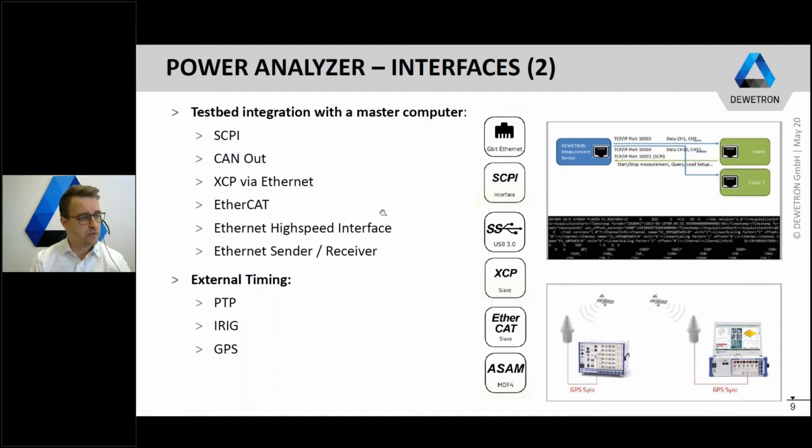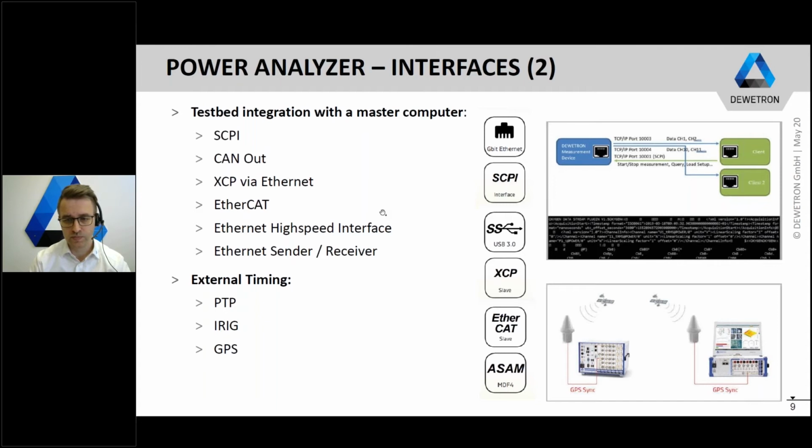So we can, for example, have a signal sampled with 2 or 10 megahertz, and this is a huge amount of data. With the Ethernet high-speed interface, we are able to shift all the data to a necessary master computer or anything else.